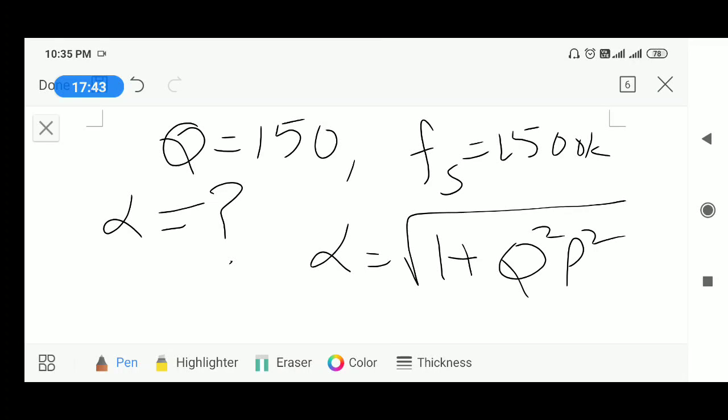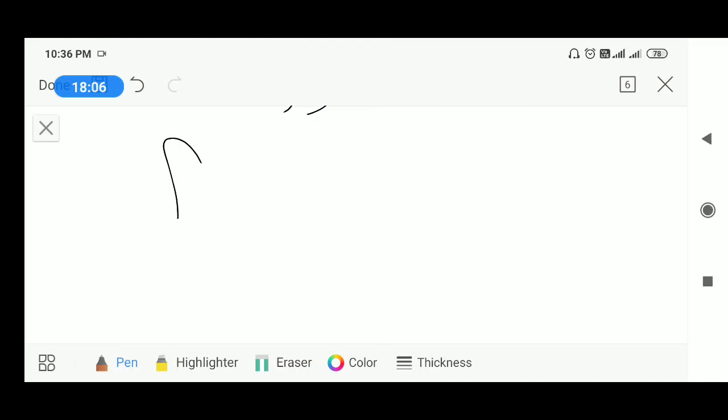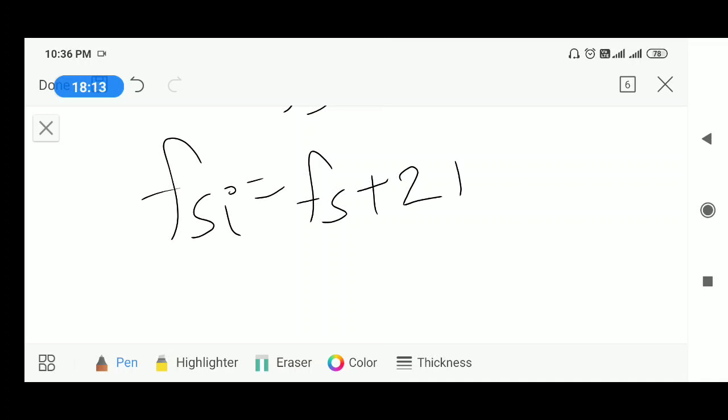We don't know the value of rho, so we need to calculate rho. Rho is equal to image signal frequency divided by signal frequency minus signal frequency divided by image frequency. We know the desired signal frequency, but we don't know FSI. The formula for FSI is Fs plus 2 times IF.